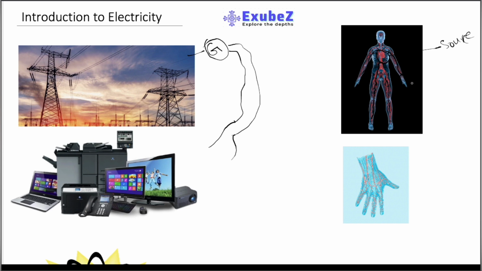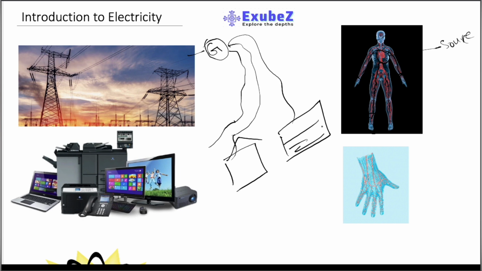And if I zoom into one organ, maybe a hand or a head or a leg, that's the destination of these blood vessels. Similarly, the electricity is distributed to some destination. It could be a home, it could be a factory, it could be any place where the electricity is needed.